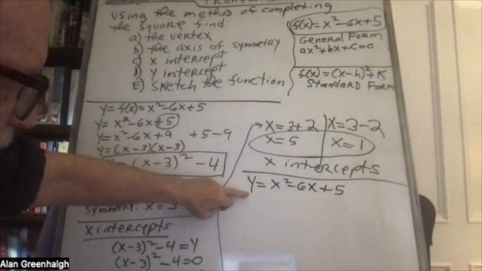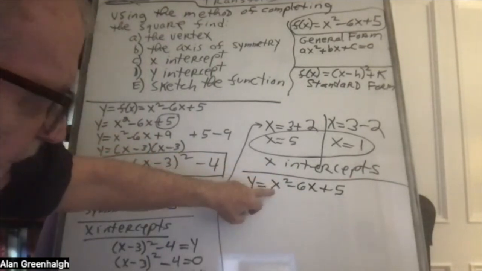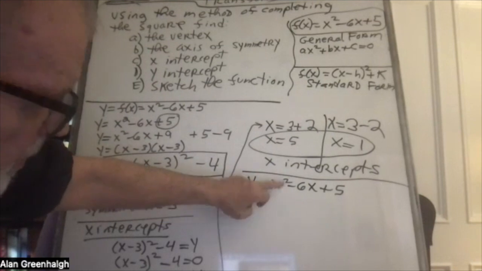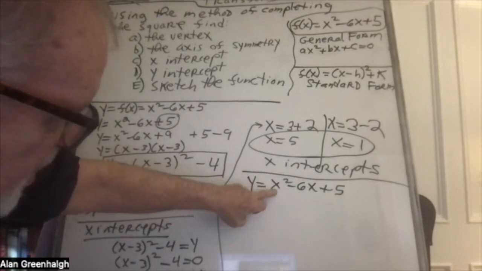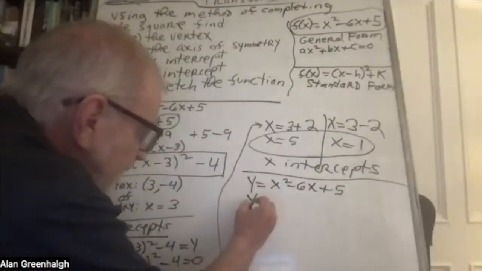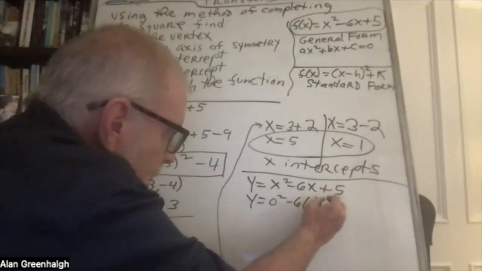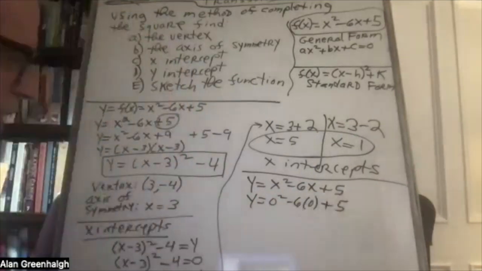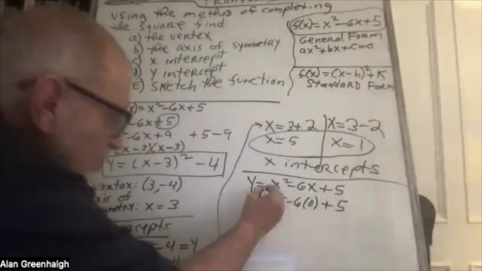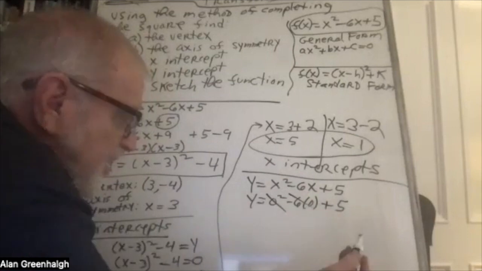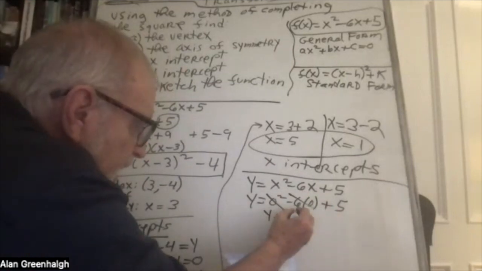So how do you find the y-intercept? You let x equal 0. That'll drop out. Let's actually do it just to show you at least one example. 0 squared is 0. 6 times 0 is 0. Y is equal to 5.